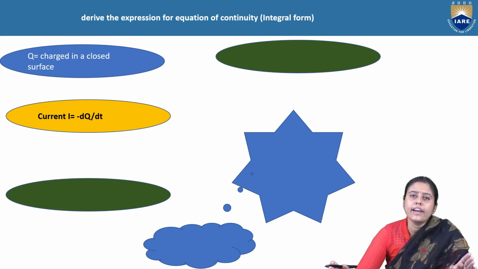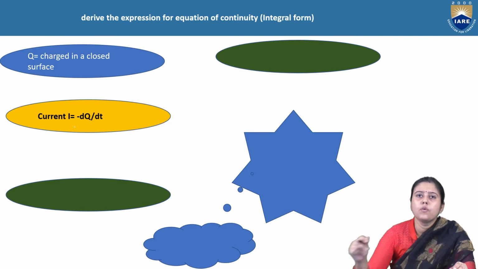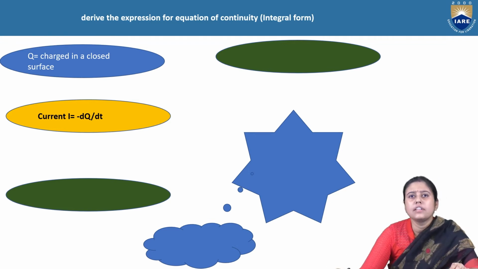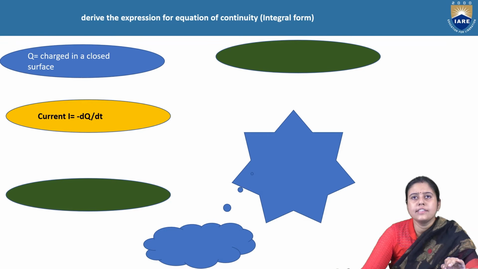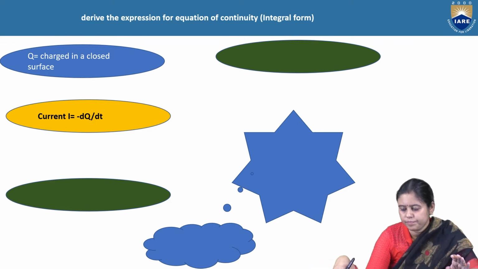And what is the direction of the current? The direction of the current is always opposite to the flow of charge. So we can write current I is equal to minus dq by dt. Why minus? Because the direction of current is opposite to the flow of charges. Charges means only the flow of electrons.